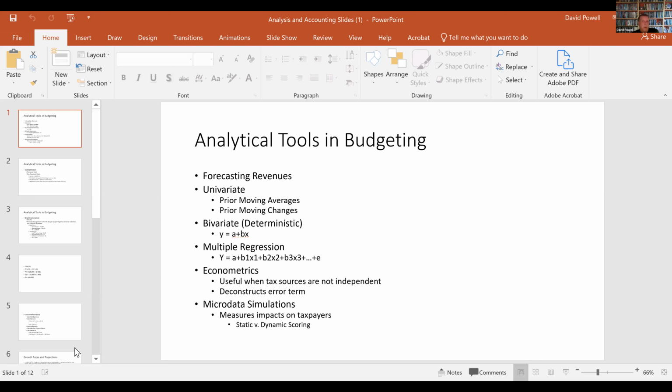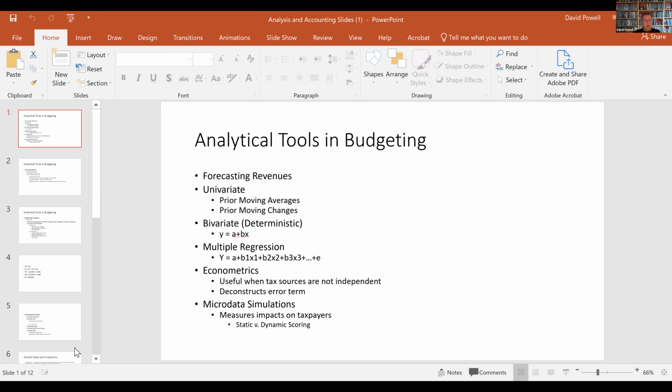So if you want to get a little bit more sophisticated, then you have bivariate regression. And if you've had the 696 research methods class, or you had statistics at your undergraduate level of education, I'm sure you talked about bivariate regression. The relationship between two variables. Here in the world of revenue forecasting, we refer to bivariate regression as deterministic modeling.